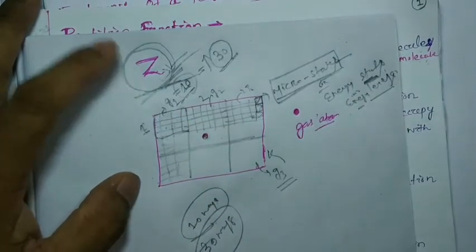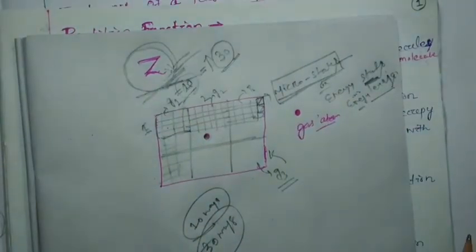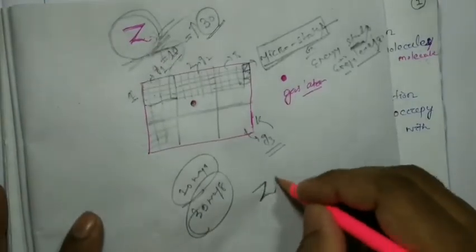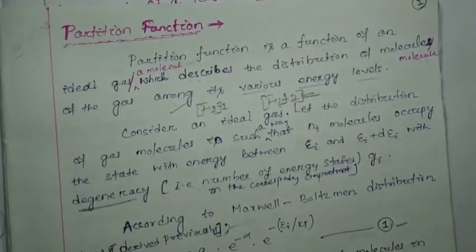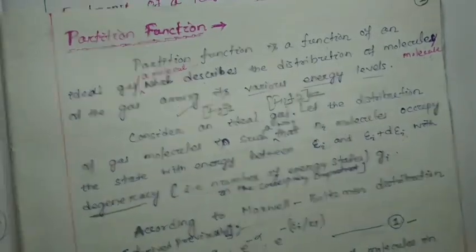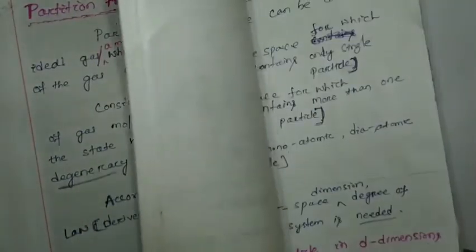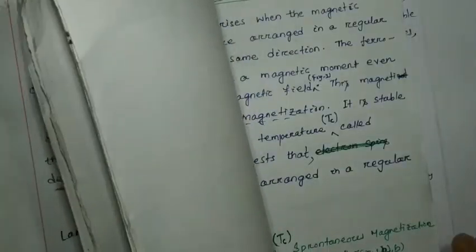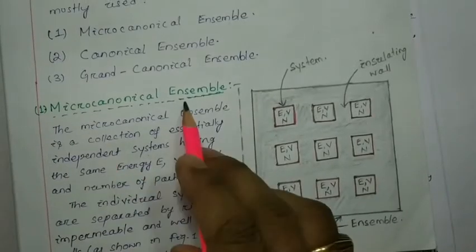Okay, now come to the microcanonical ensemble and its corresponding partition function. In the case of the microcanonical ensemble, you can refer to our first class. This is your first class information about the microcanonical ensemble.